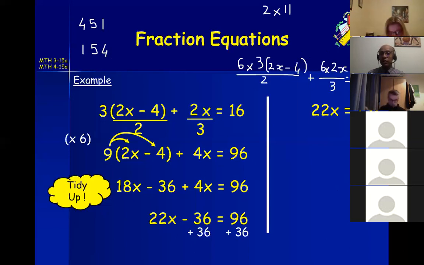So whenever I see this, 132, I know straight away I've got a multiple of 11. 22 is 2 times 11. So hopefully I should end up with 2x equals something, with the 11 basically coming out of this.